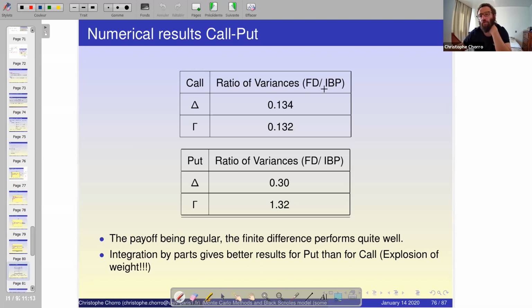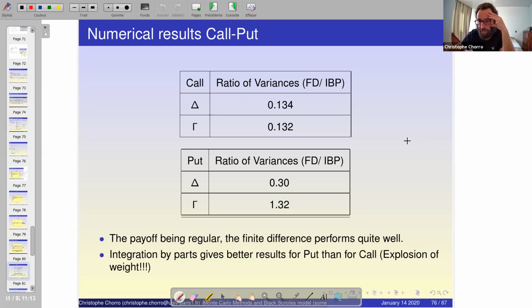If I want to quantify if one is better than the other, keep in mind that the errors I make when I use Monte Carlo methods are represented by the size of confidence intervals. So errors are driven by the size of the confidence interval, that is driven by the empirical variance. It's exactly what I do here.